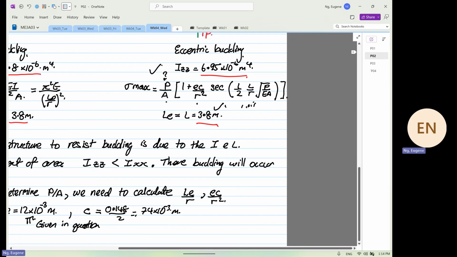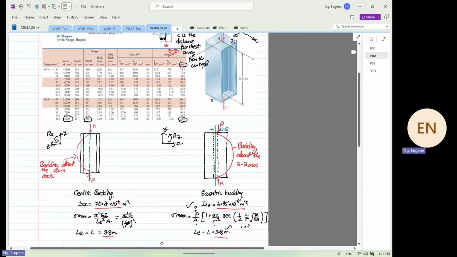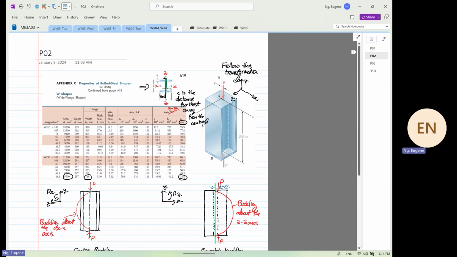Then you calculate your stress max. Then for stress max, you also have to calculate your stress yield. You're given your stress yield. Okay. Listen. If I don't give you the chart, you use the formula. That's all you have to remember.